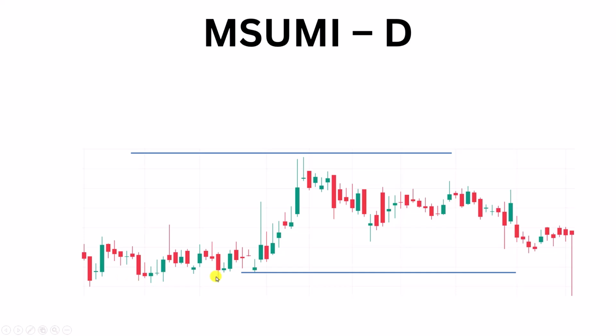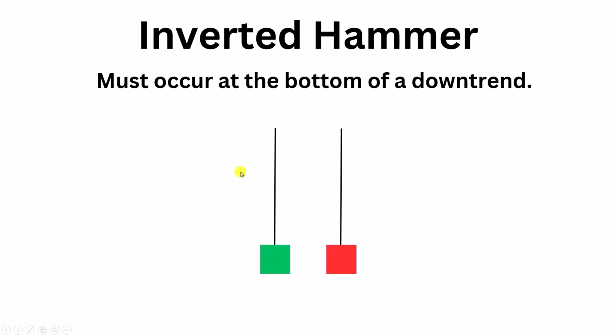All right, yes. Next, the patterns that we are going to learn in this video are the inverted hammer and the hanging man. Now, the inverted hammer has the exact same qualities and rules as the shooting star, so I won't explain them once again.